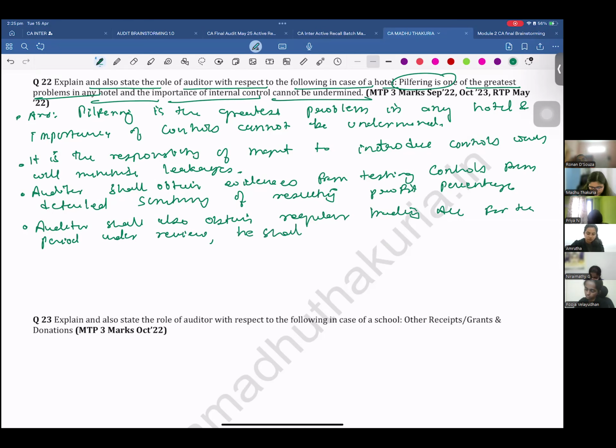He shall examine it and obtain explanation from management for any apparent deviations.